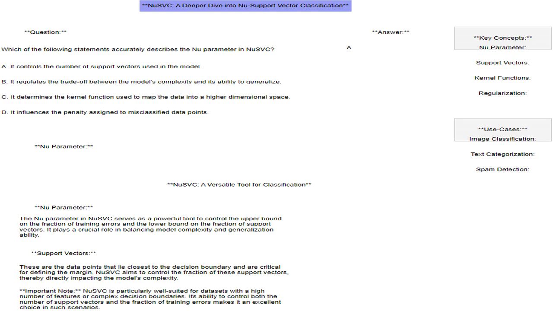Regularization is a technique used to prevent overfitting in machine learning models. It adds a penalty term to the loss function, which discourages the model from learning complex patterns that are specific to the training data. NuSVC utilizes a regularization term to balance model complexity and generalization ability.